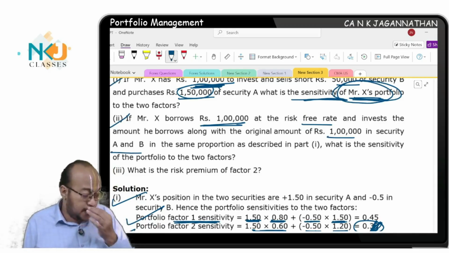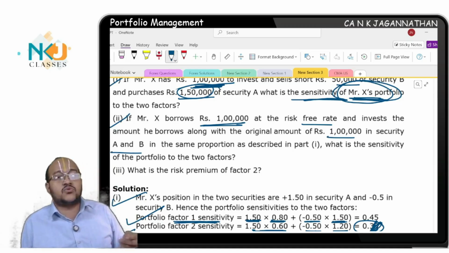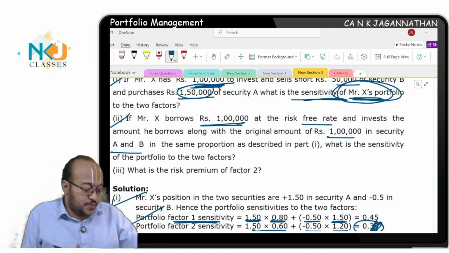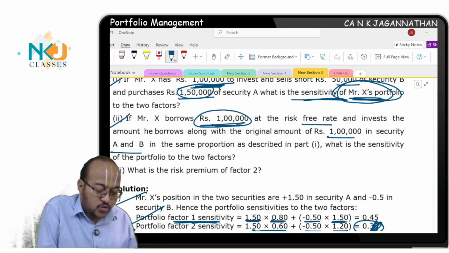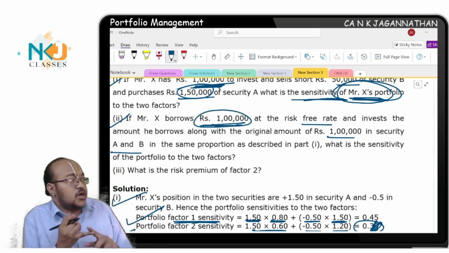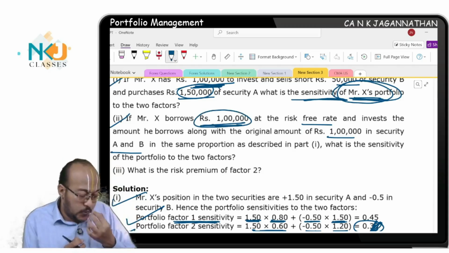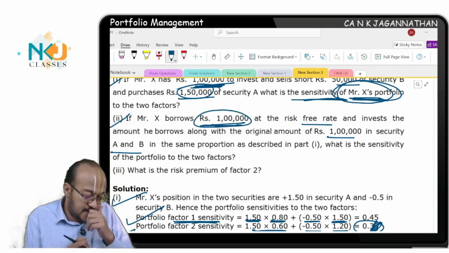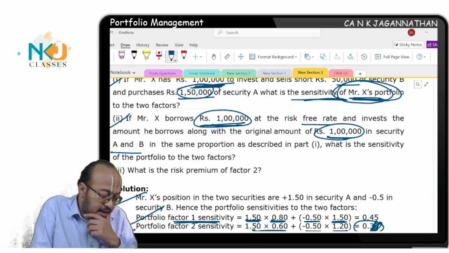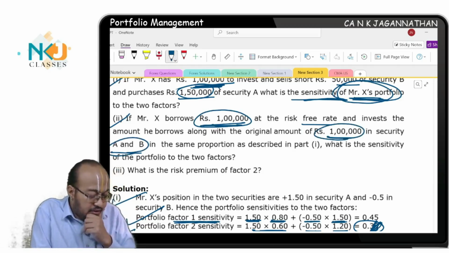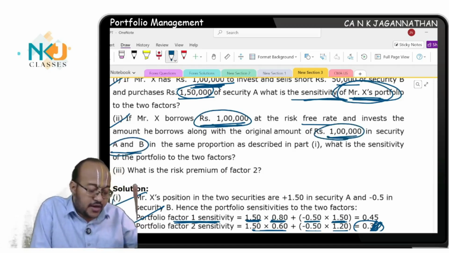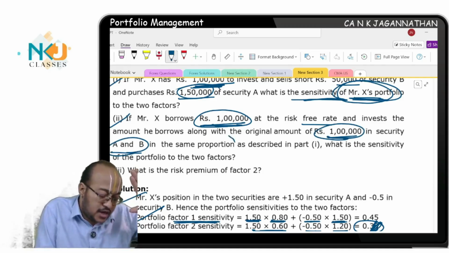See what they say. In the second part, they are asking us to mix it up with borrowing, which means you borrow 1 lakh rupees more. You had 1 lakh, you borrow 1 lakh more, you will have 2 lakhs. This 2 lakh, what do you do? You invest the amount in security A and security B in the same proportion.